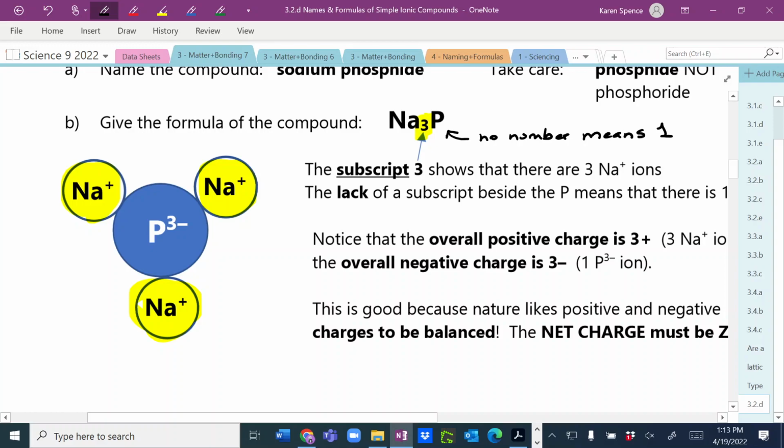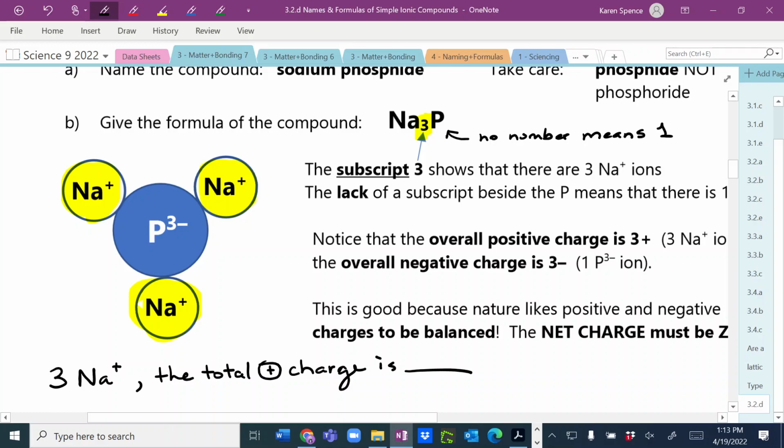If we have 3 Na pluses, the total negative charge, or sorry, positive charge, is how much? 3, right?